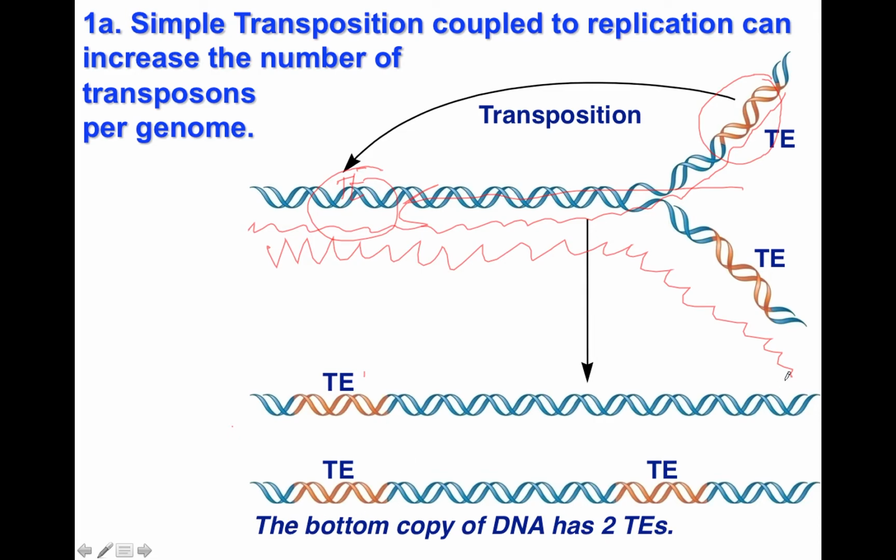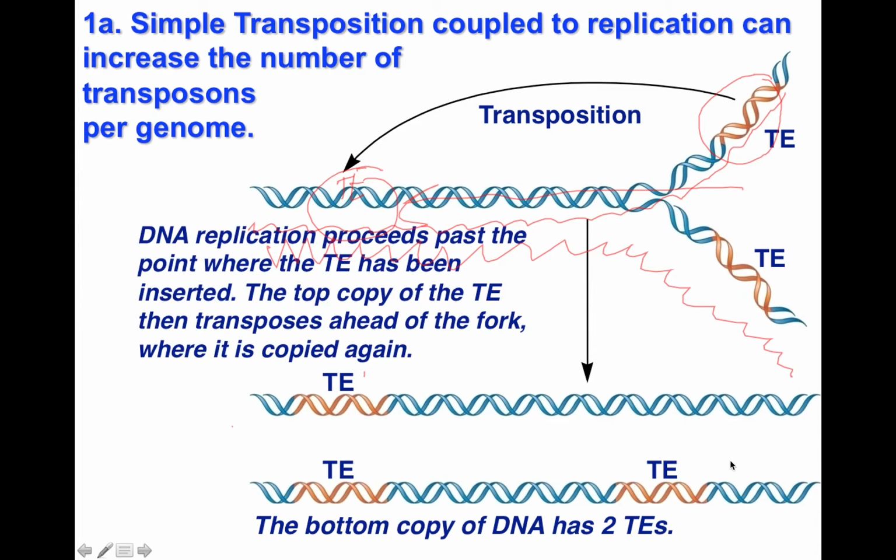So this daughter strand of DNA will have two copies of the transposable element. So DNA replication has proceeded past the point where the TE has been inserted, and the top copy of the TE then transposes ahead of the fork where it's copied again.